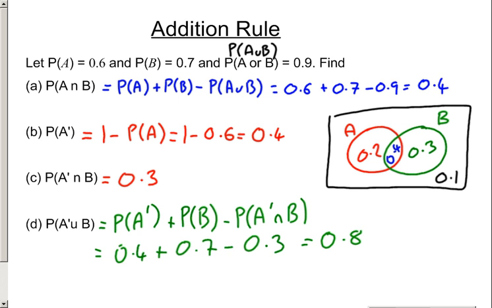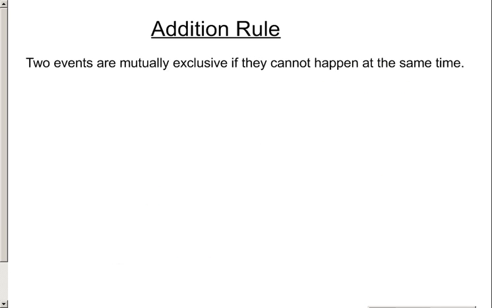Now there's one very special case of the addition rule, and this is when we're considering mutually exclusive events. Now remember that mutually exclusive events mean they cannot happen at the same time. In terms of strict probability notation, if they cannot happen at the same time, that means the probability of A intersecting with B is equal to 0.